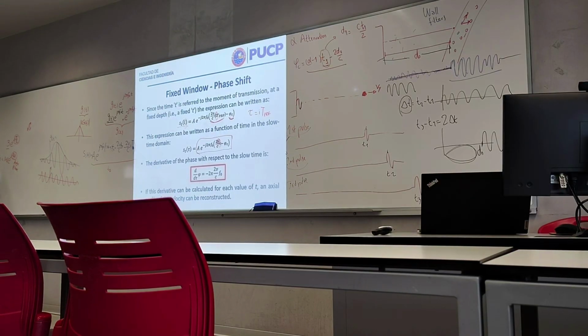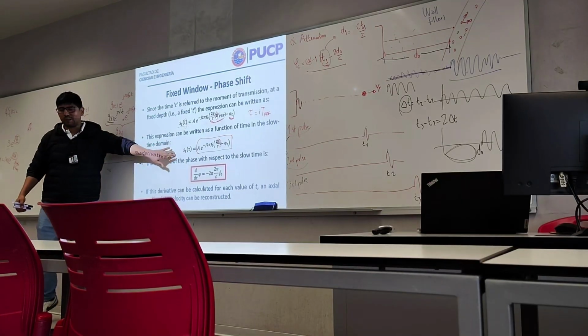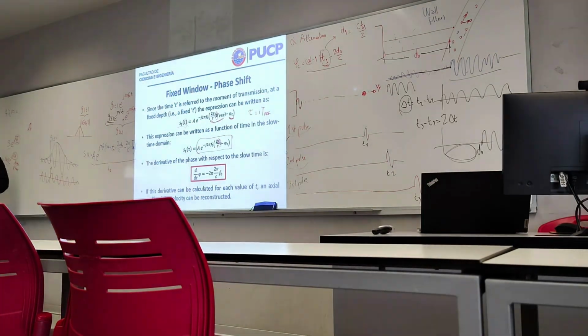So what would be the phase for the slow time signal? The phase angle of tau. What is the phase? What do you think? From this expression, what would be the phase?